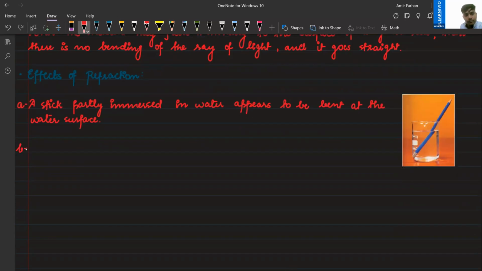An object underwater appears to be raised.